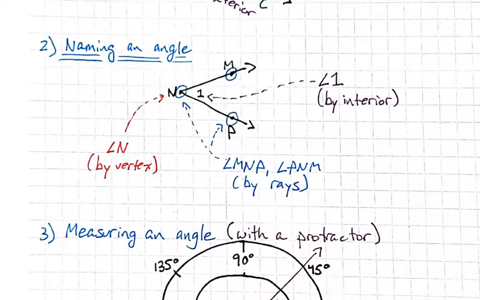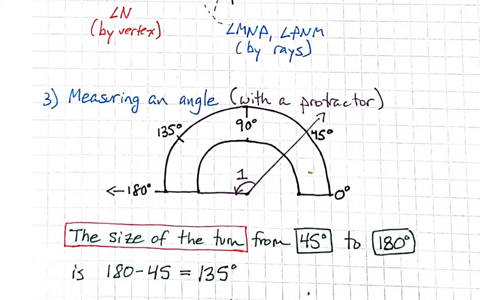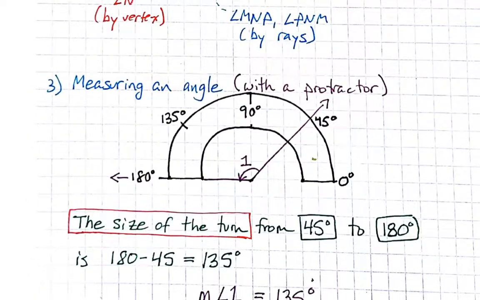All right. So just like segments, angles have names, but they also have measures. So here's a tool that we use for measuring an angle. I drew a rough picture over here. It's called a protractor. The protractor has numbers marked on it. They start at 0 and they go over to 180. When we measure the angle, we're looking at where the two rays go through the protractor, and how far it is from one number to the next.